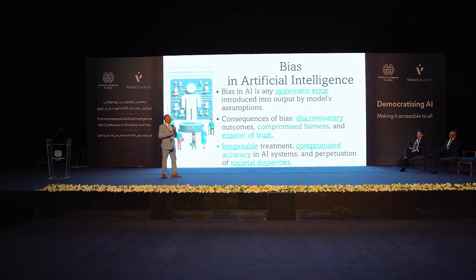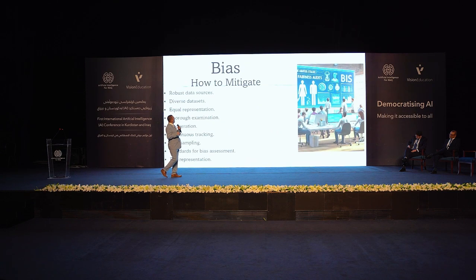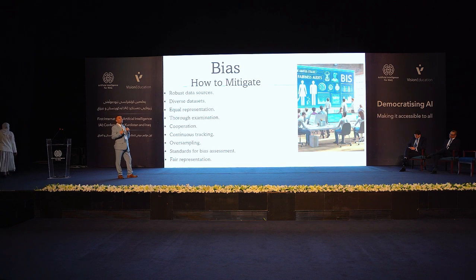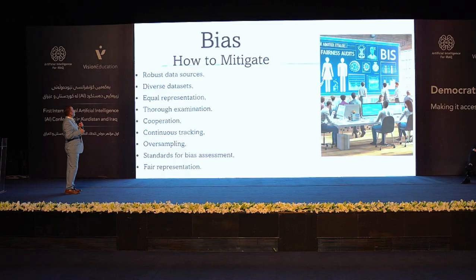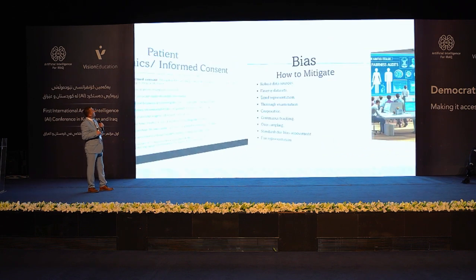It makes AI inequitable. Bias, we have to mitigate it, and these are just a few examples of our trials to mitigate bias in AI, but this is just a short list. It is by no means fully inclusive. We have to be robust in our data, we have to be diverse in our data set, and also the rest of this list, and the list goes on and on.